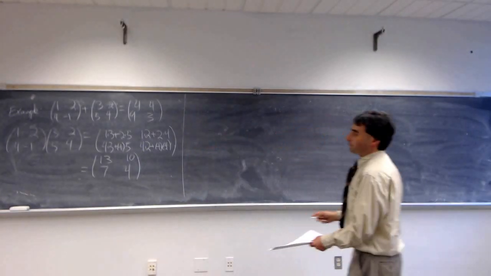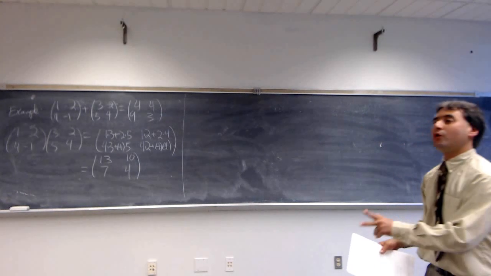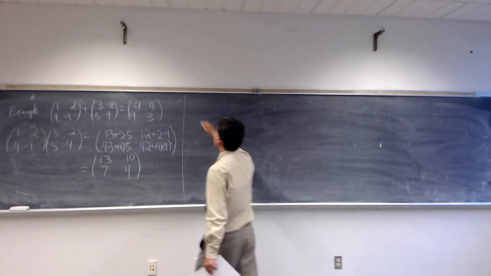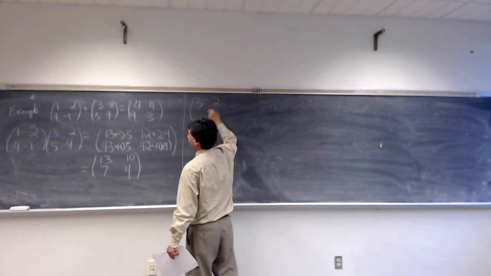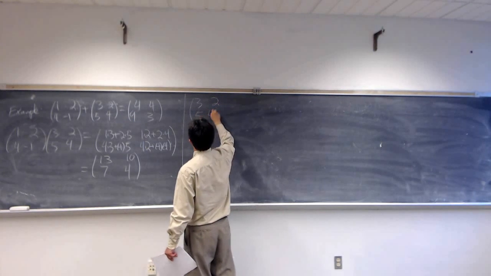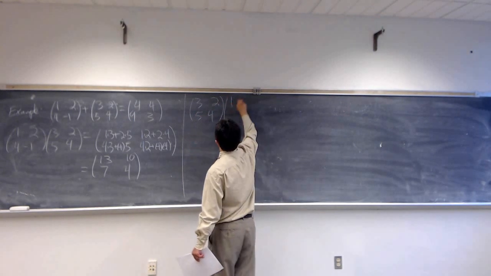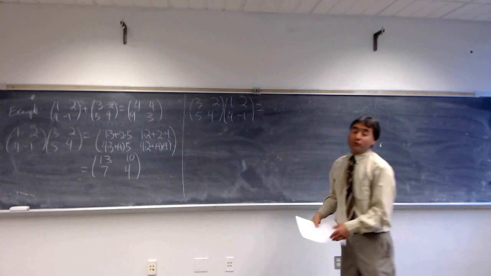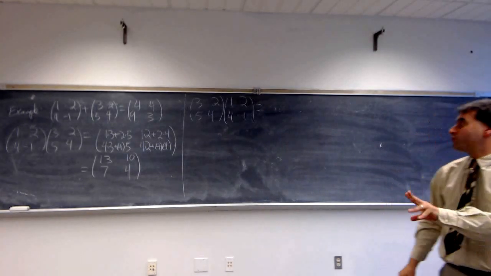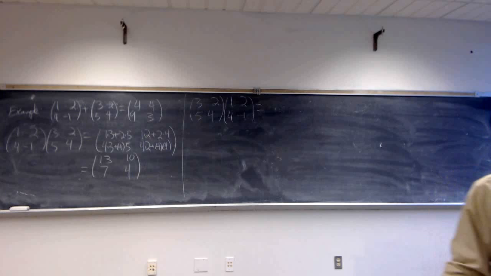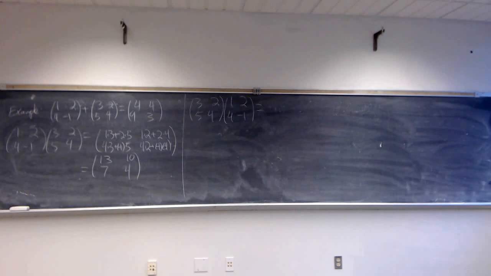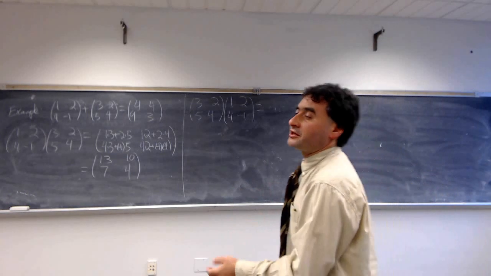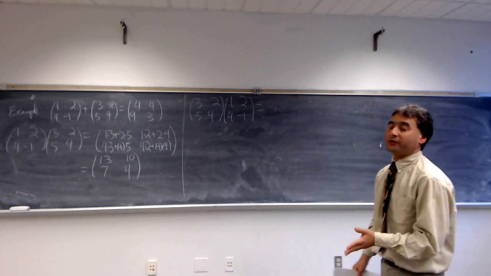Is this commutative? Does the order in which we multiply the matrices matter? Well, let's see in this case if it makes a difference. We're looking for a counterexample. Maybe this will not give us the same result, in which case that would be sufficient to show that matrix multiplication is not commutative. But if it is the same, that doesn't necessarily mean matrix multiplication is commutative.